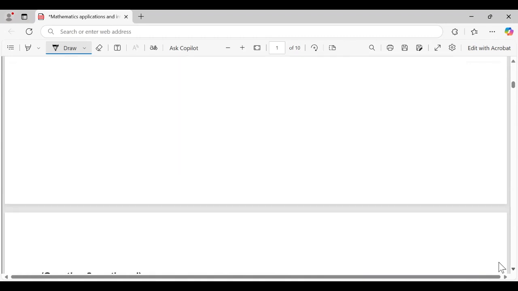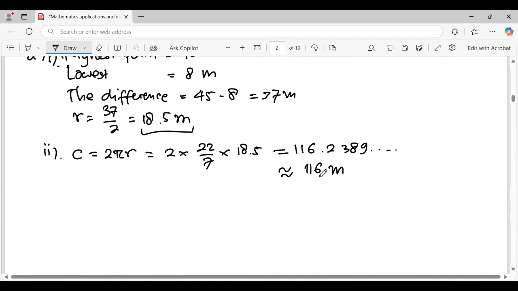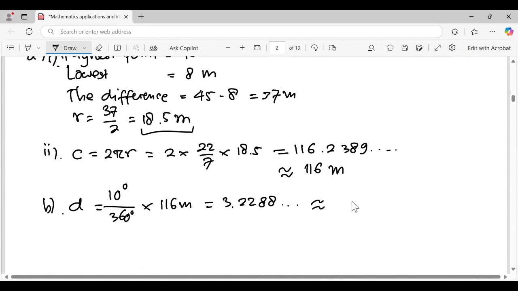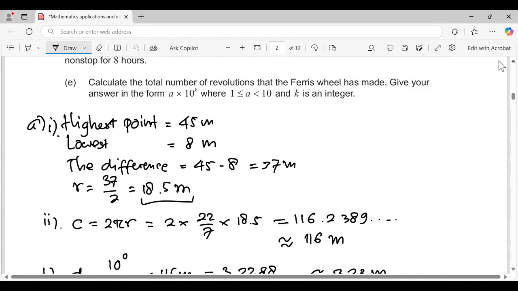So we need the circumference, which we already calculated. The distance equals 10 degrees over 360 degrees times 116 meters, which equals 3.2288, rounded off, 3.23 meters.